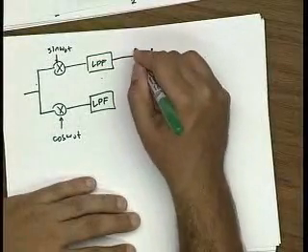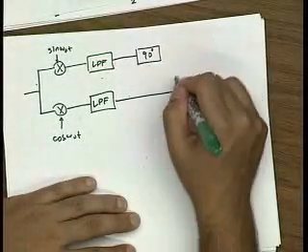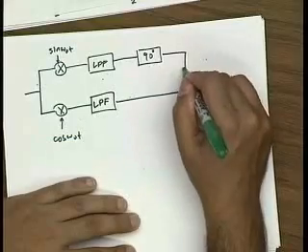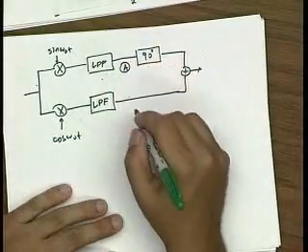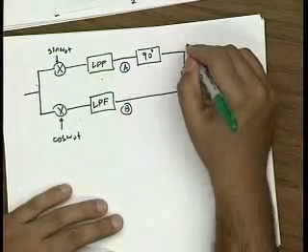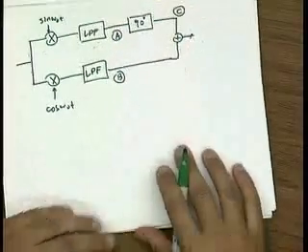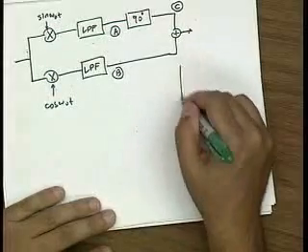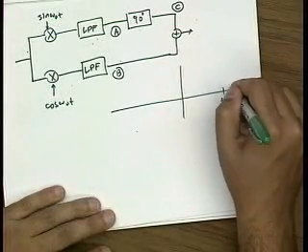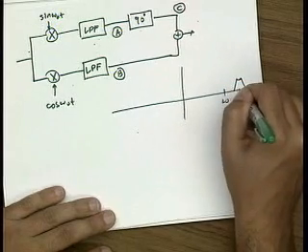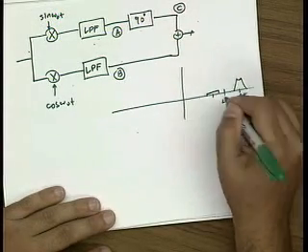And I'm going to introduce a phase delay here, which, as we'll see, is going to be critical. Let's call the signal at this point A, the signal at this point B, and the signal at this point C. Okay? And let's assume that our input spectrum looks like this. So this is our LO, this is our RF, and this is our image.